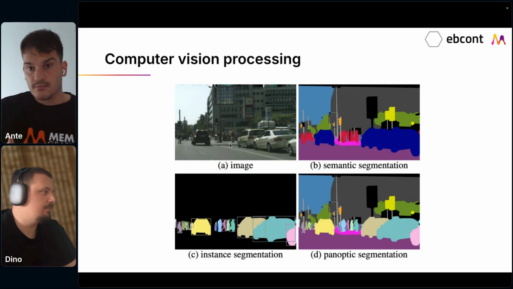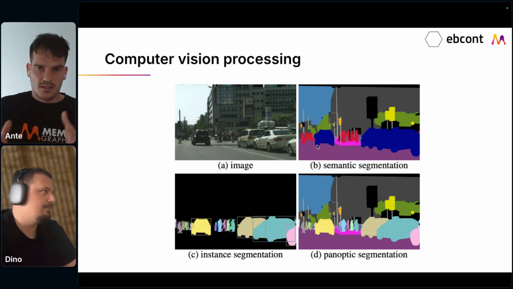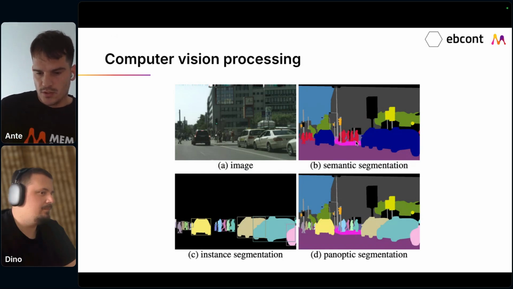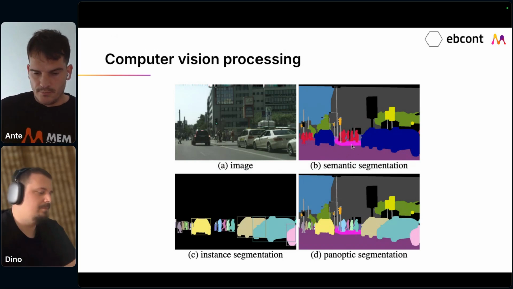Then what you could do is something called semantic segmentation, which essentially segments the image pixels into the objects that are semantically similar. That's the reason why, for example, cars are in blue, the whole road is purple, the pathway is pinkish, and the folks are red, and the rest of the image.